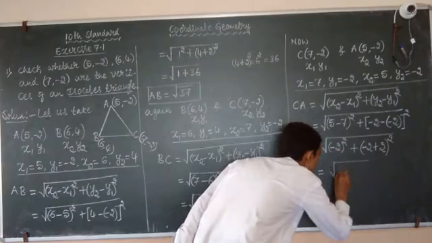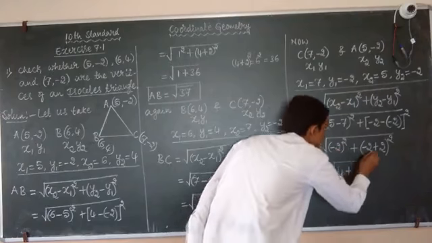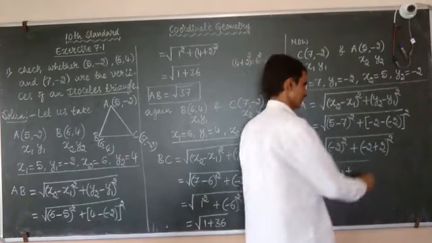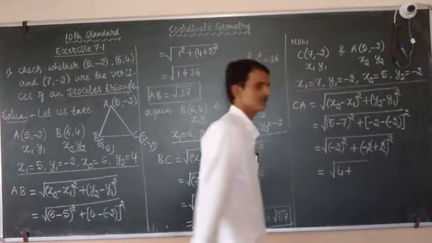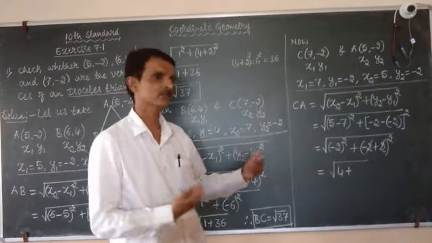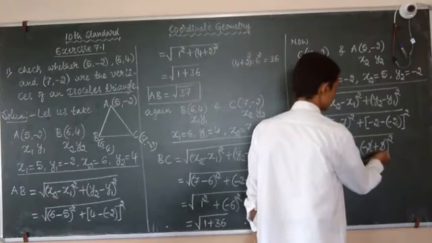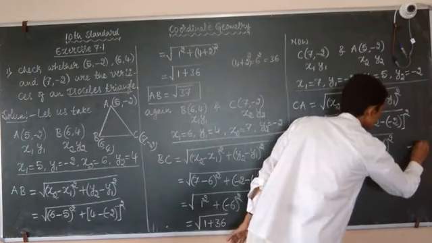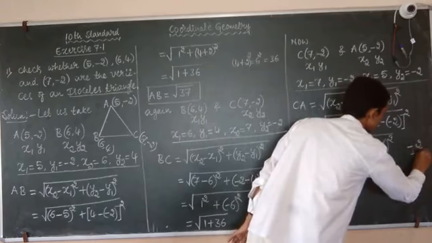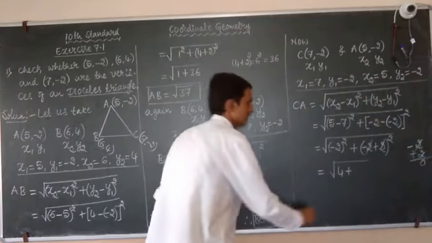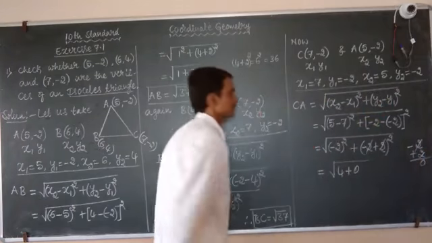It is plus 4. Plus, here minus 2 and plus 2 will cancel. Minus 2 plus 2, opposite signs, so it becomes 0.